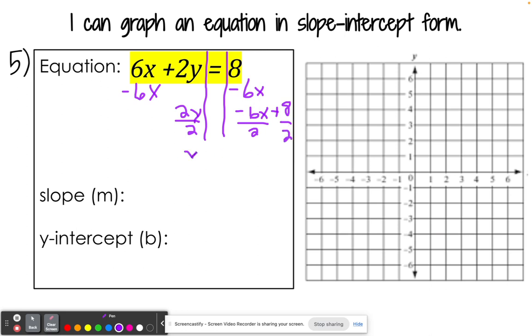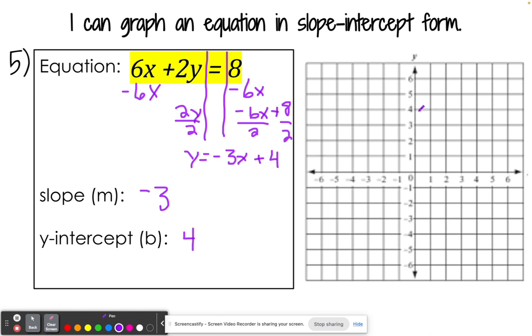And I get y equals negative 3x plus 4. So in this case, my slope is negative 3. My y-intercept is 4.